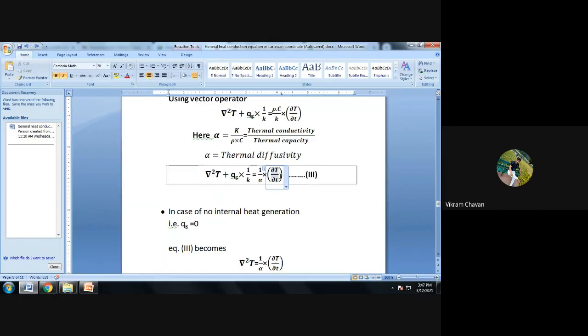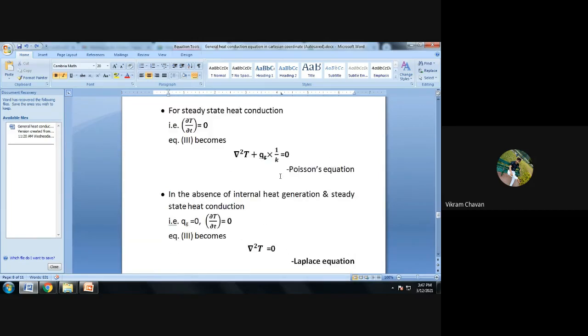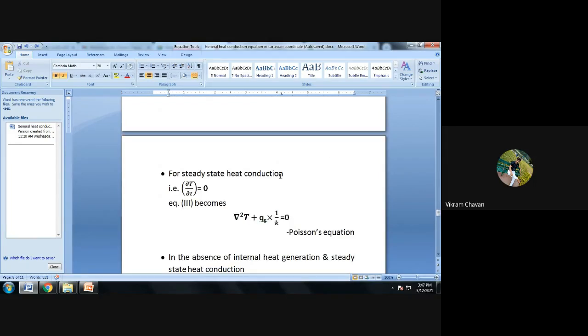But when we apply the condition of steady state heat conduction, temperature is not changing with respect to time, so ∂T divided by ∂t will be equal to 0.